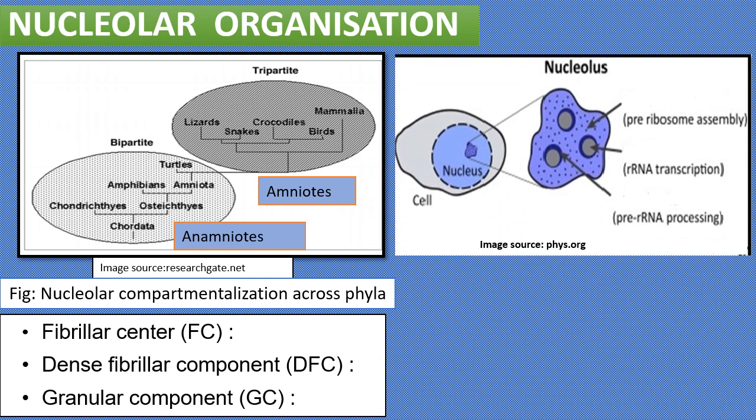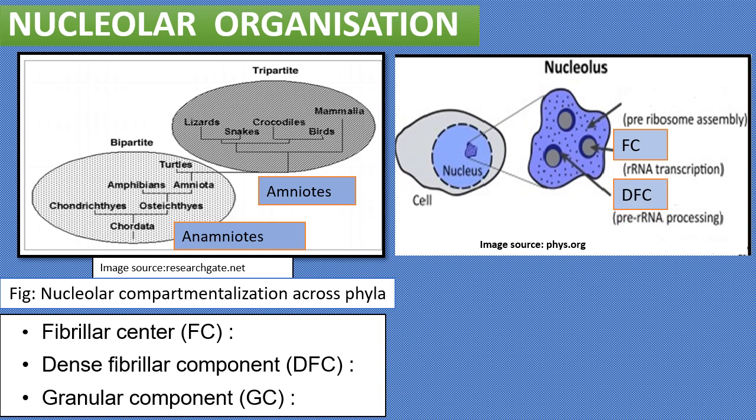The fibrillar center is made up of a network of very fine fibrils, and it is the site of ribosomal RNA transcription. The dense fibrillar component is also made up of very fine, densely packed fibrils, and in this region the processing of pre-ribosomal RNA takes place.